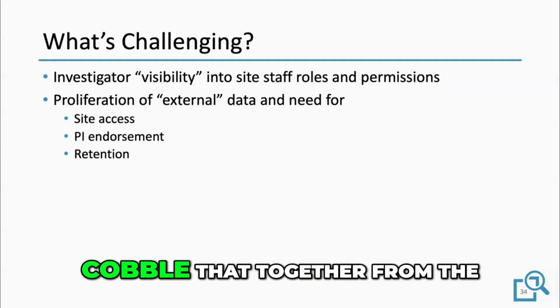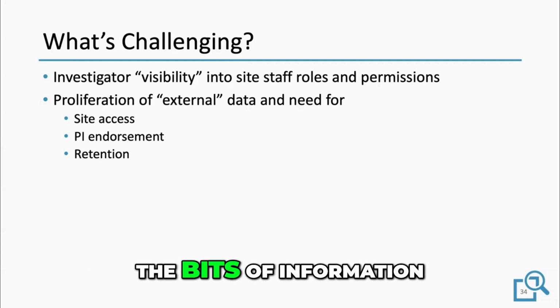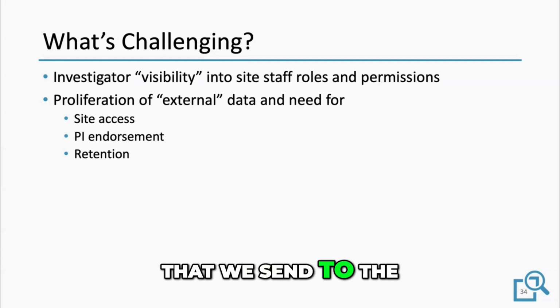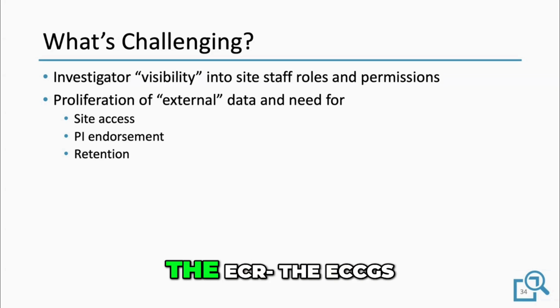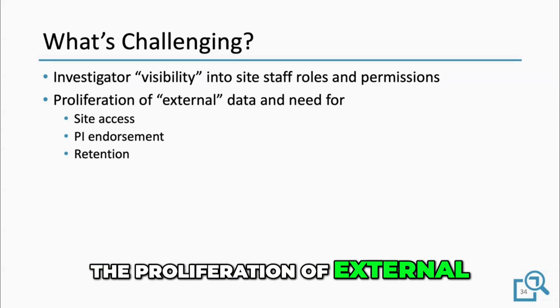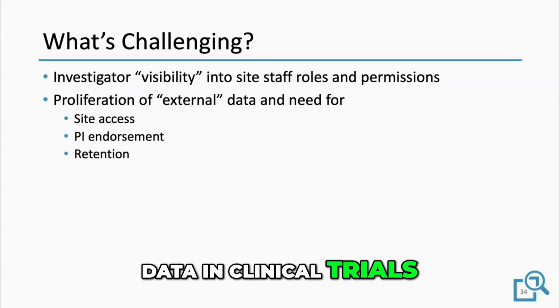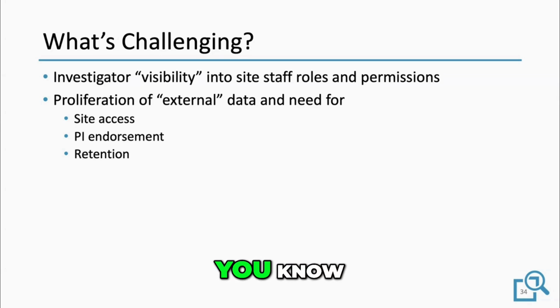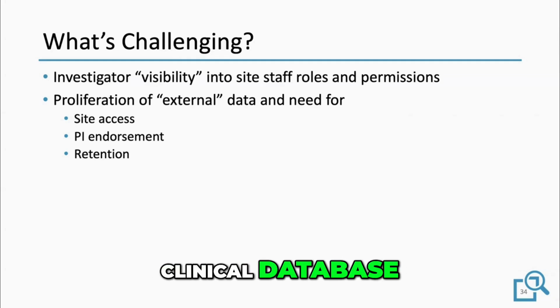And we could probably cobble that together from the bits of information that we send to the investigators now: the manual for the EDC system, the eCRF, the eCRF completion guidelines, the user list, right? But a bigger issue, much bigger issue, is the proliferation of external data in clinical trials. So as Priya just said, we tend to think of clinical data as the EDC system, and that is what we would call the clinical database.